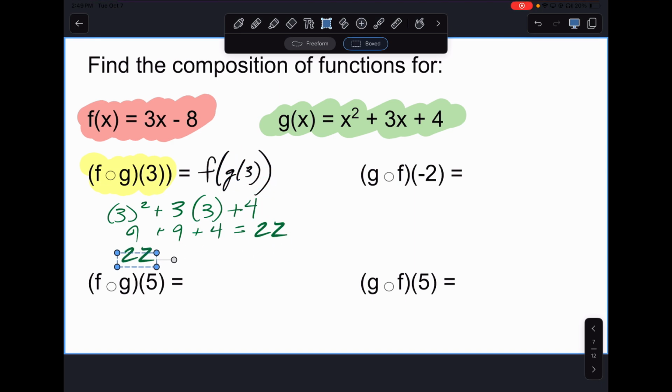Okay, and I'm going to just rewrite that down here now. So f of, now I'm going to think about my f of 22, because I know g of 3 is 22, equals, and now we're going to plug 22 everywhere that we have the x. So 3 times 22 minus 8.